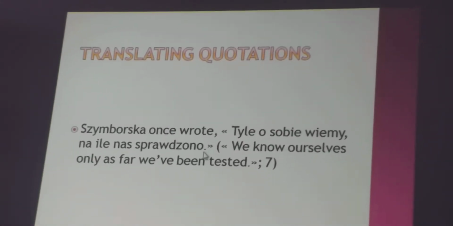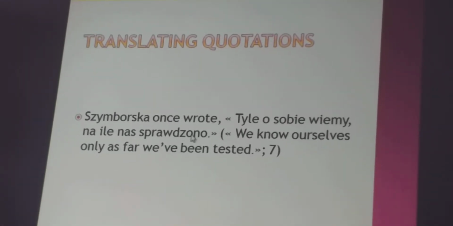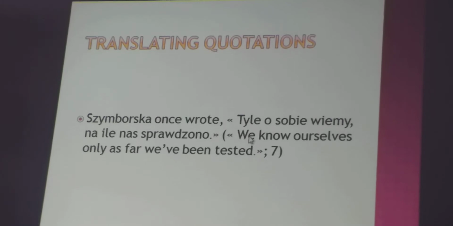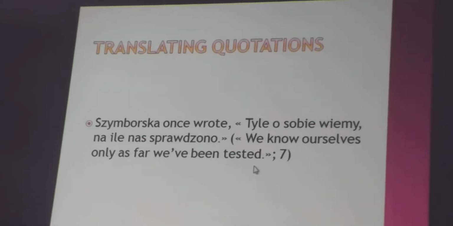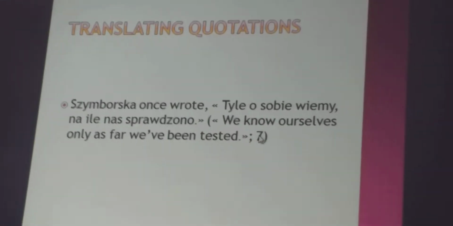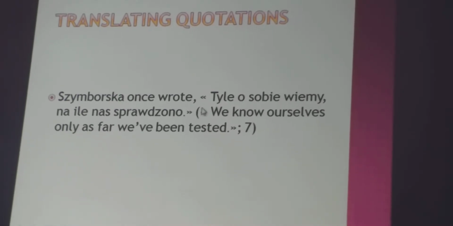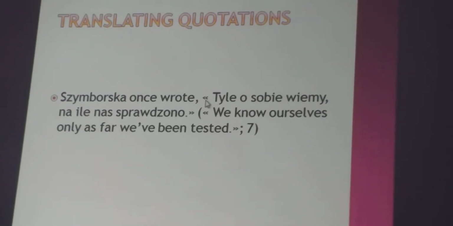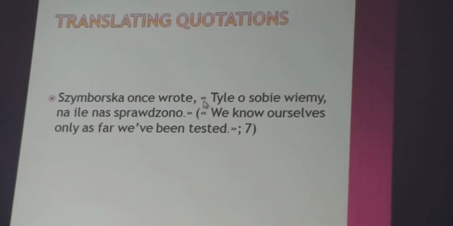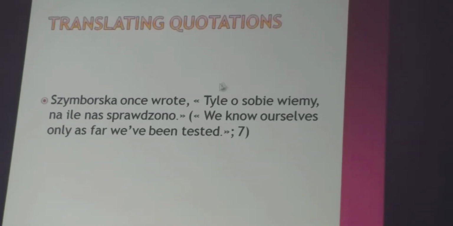As you can see here, this is the original text, and this is the translated passage. The translated passage is between parentheses. This is in French, there is a mistake in French, so the inverted commas are in English.